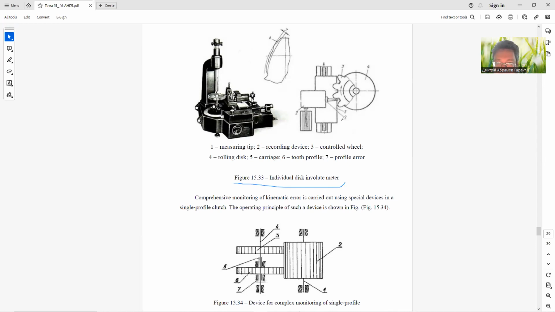Position number 1 is measuring tip. Position number 2, recording device. 3, controlled wheel. 4, rolling disk. 5, carriage. 6, tooth profile. And 7, profile error.